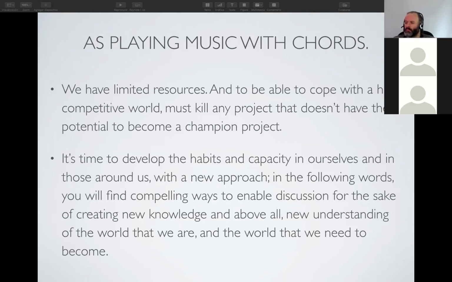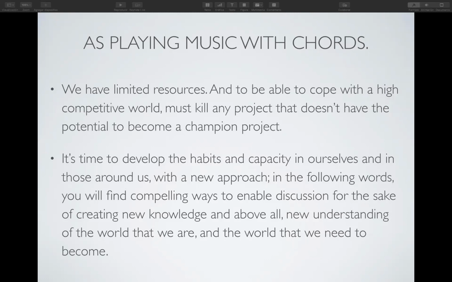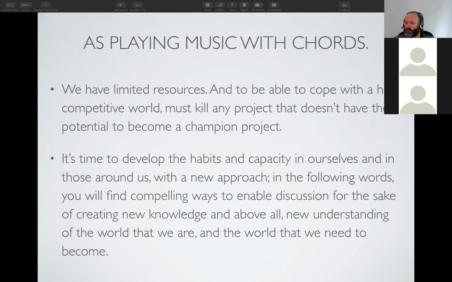There are a bunch of instruments, but there are only 7 notes, and with 7 notes you can perform any symphony and orchestra, everything.